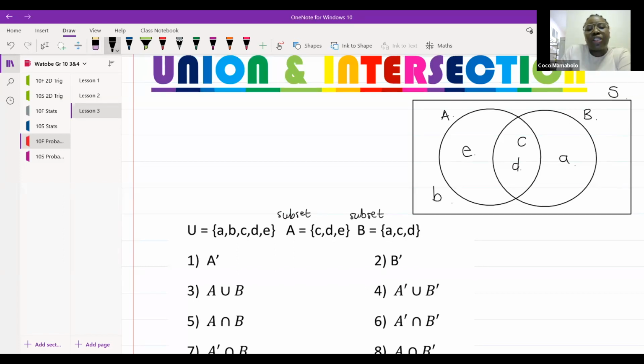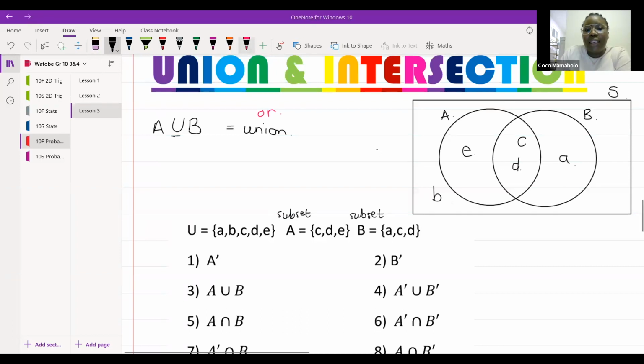Okay, so let's talk about what these funky symbols mean. Union, if we see this, A union B, that U over there means union. And what union actually tells us is or. It means what values do we have that are in A or B. So you can be in either of them and it won't matter.